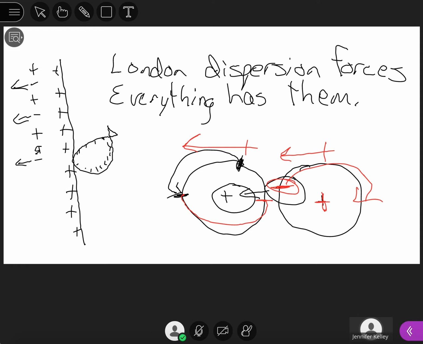They wouldn't cancel out. You would think they would. But this is the nucleus, and this is on the outside of the nucleus. So even though the negative charge is attracted to the nucleus of the other atom, it's not going to fall into the nucleus of the other atom. It has to do with quantum mechanics, because your energy level has to be at least 1.